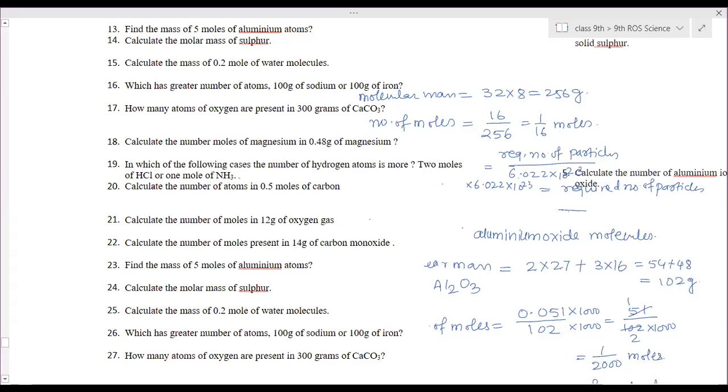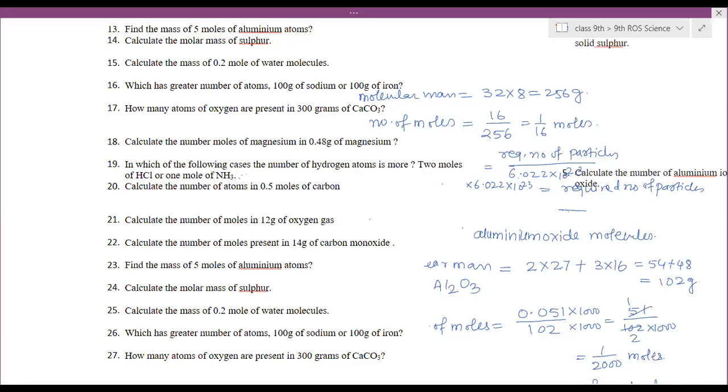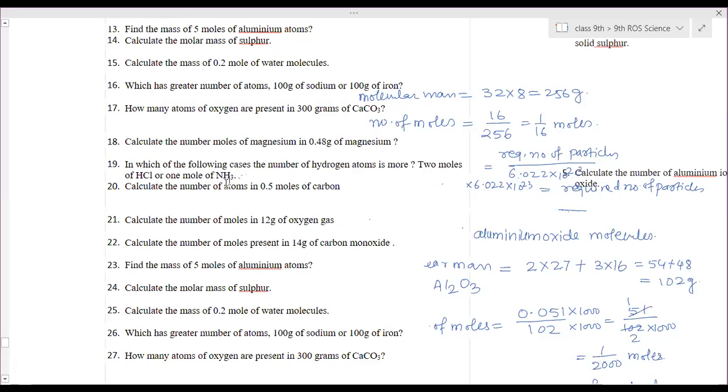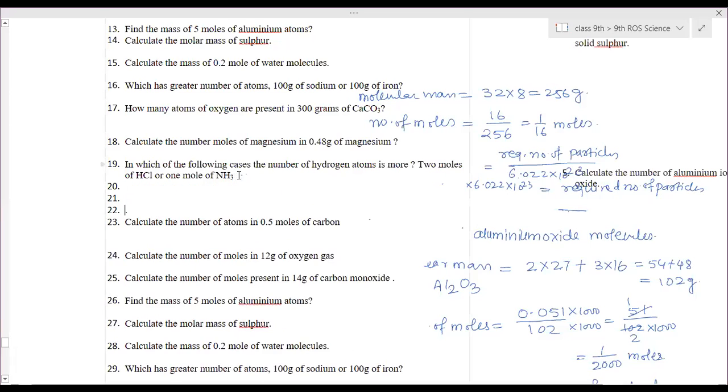And in 1 molecule of HCl, how many hydrogen atoms are present? Only 1. HCl is the formula.